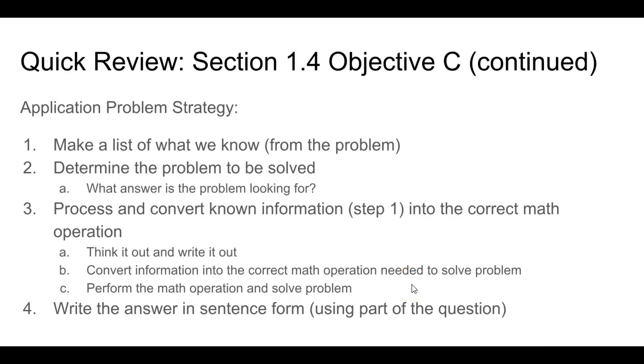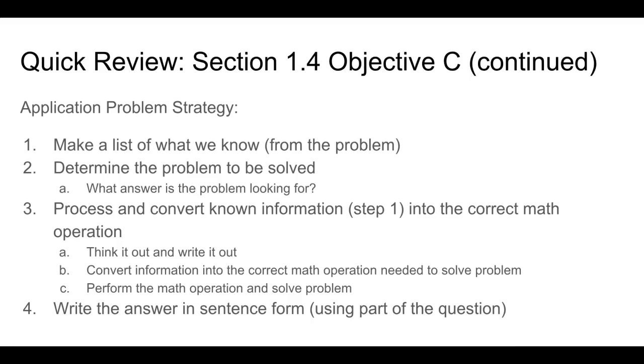Very quickly and a little bit revised, so you're going to want to take notes on this, son. Here are the steps and techniques to using application problem strategies. This is the strategy for how you're going to solve application problems. It doesn't really matter what mathematical operation you're going to use. If you follow these steps, you'll be okay.